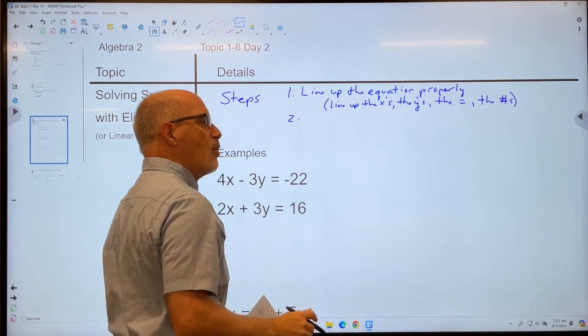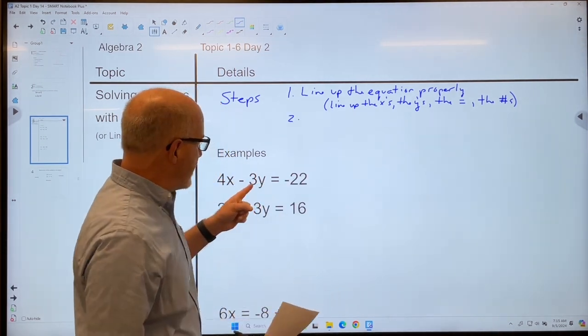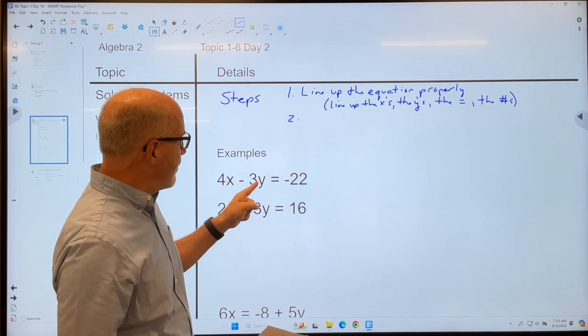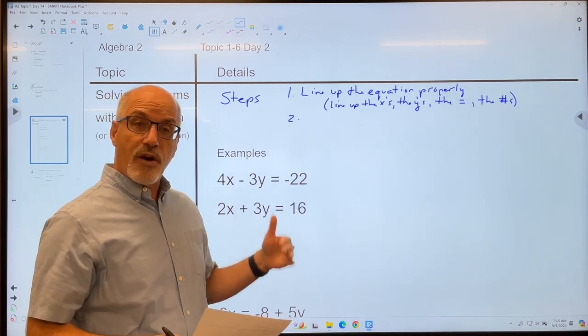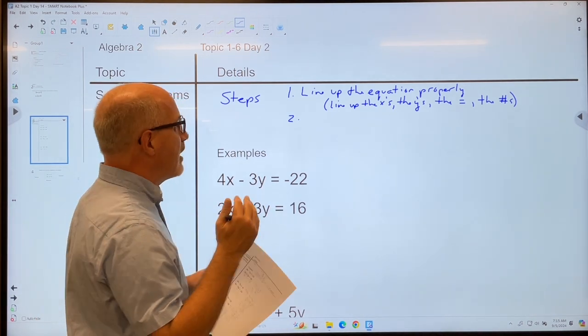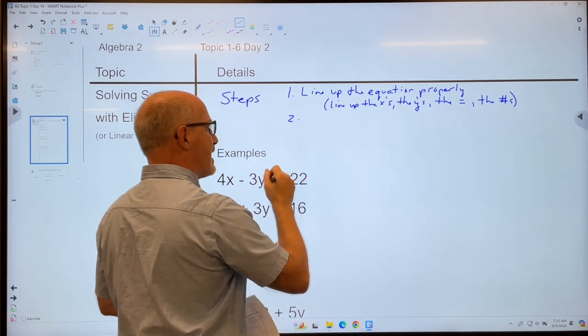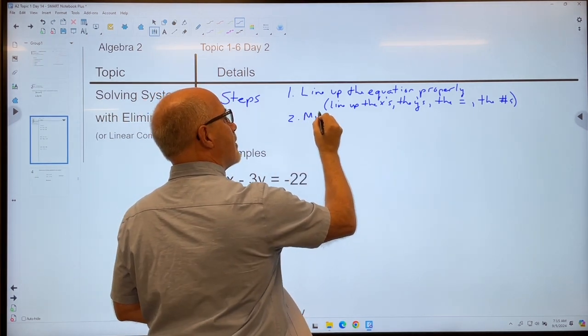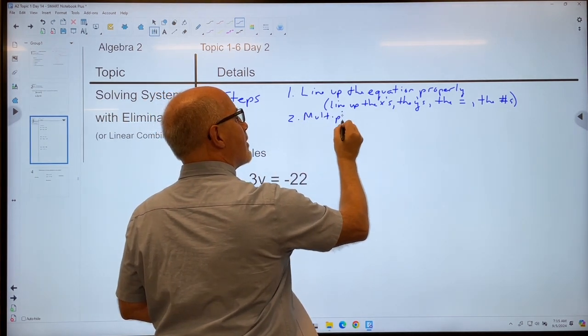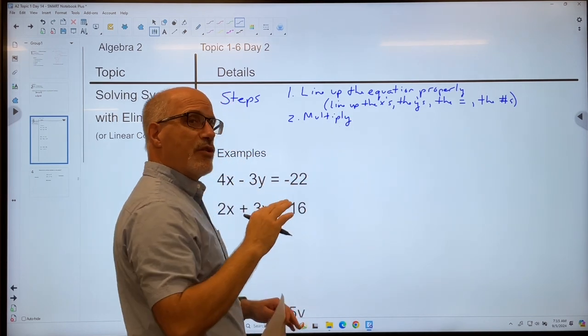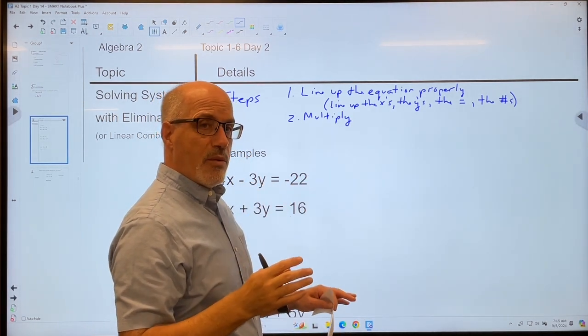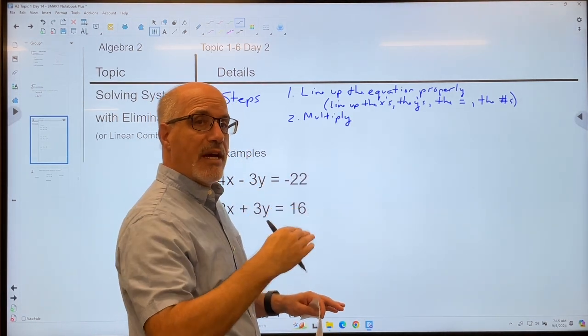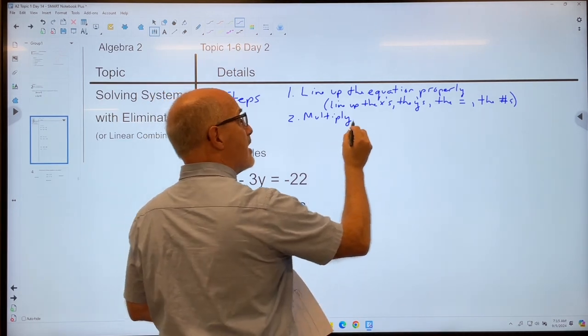Second step, what we want to do is get, like here, see that the y's are opposites? Negative 3y, positive 3y, they're opposites. So you want to go ahead and multiply one of the equations to get opposites. You might have to multiply both. Okay, today we won't see that as an example, but there will be times you got to multiply both equations.